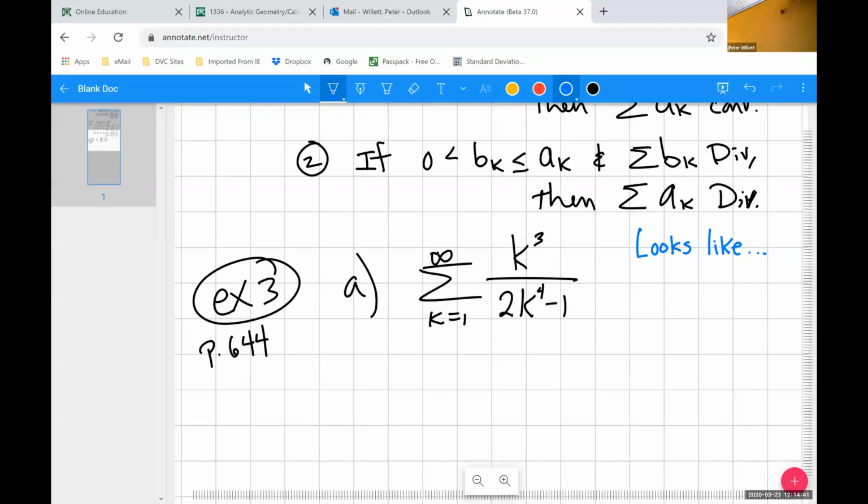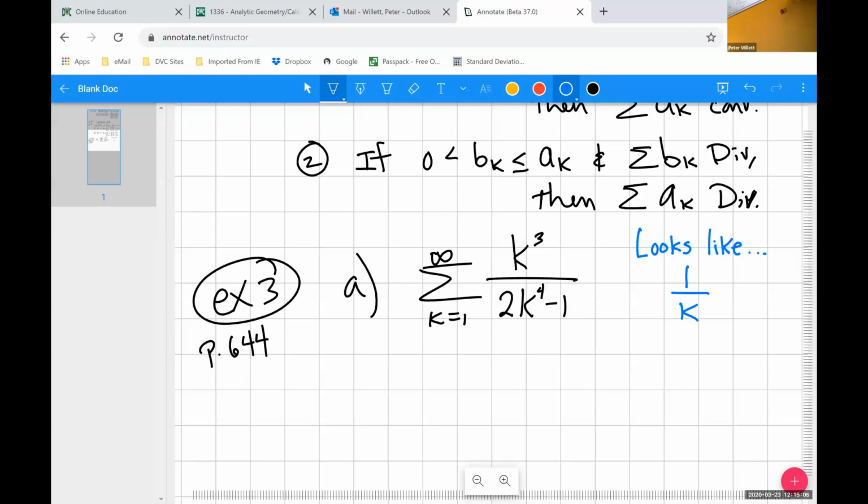Well, as we've learned when taking limits, when you have a rational expression with just powers on the variable, the leading powers are the only ones that matter. So this kind of looks like 1 over k, because the power in the bottom is 1 more than the power in the top.